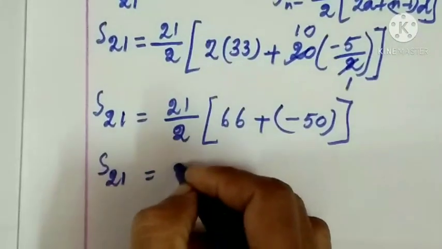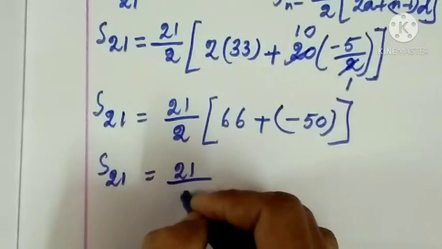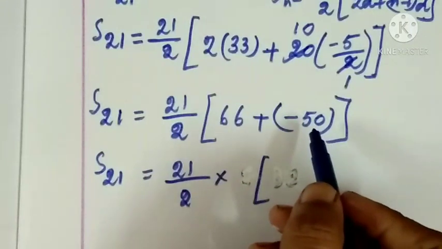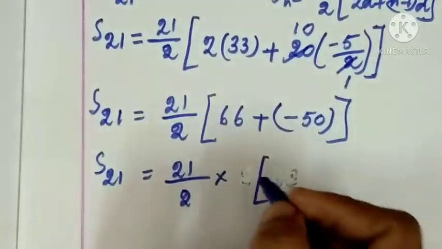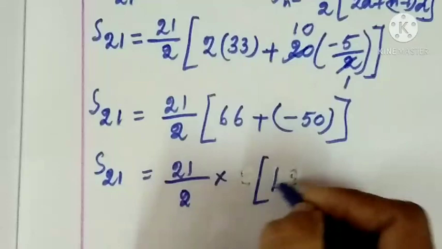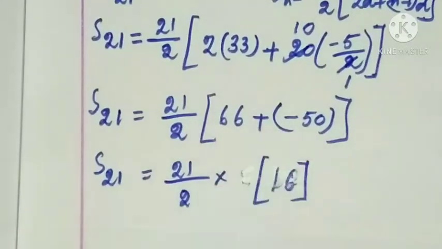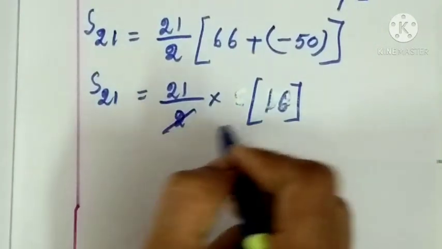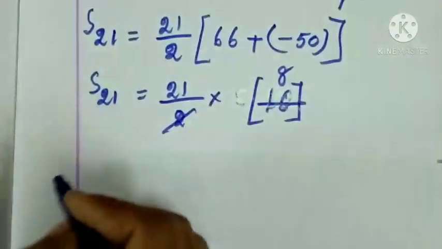S21 is equal to 21 by 2. Here 66 minus 50, we get 16. Now you have to cancel this by 2 table, 1 2 is 2, 8 2s are 16.